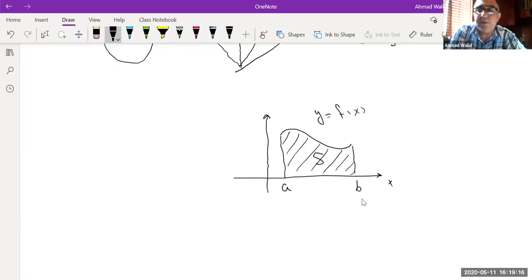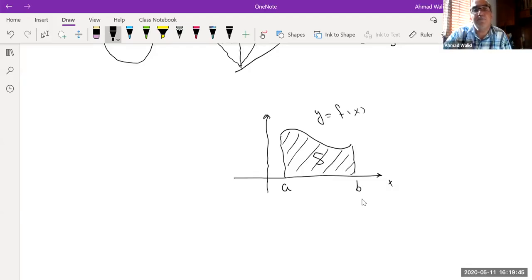This is the topic of discussion of integrals. Slowly, by using integrals, you can find the area under any curve that's continuous in a closed interval, or even between two curves, an area that's bounded by two curves.